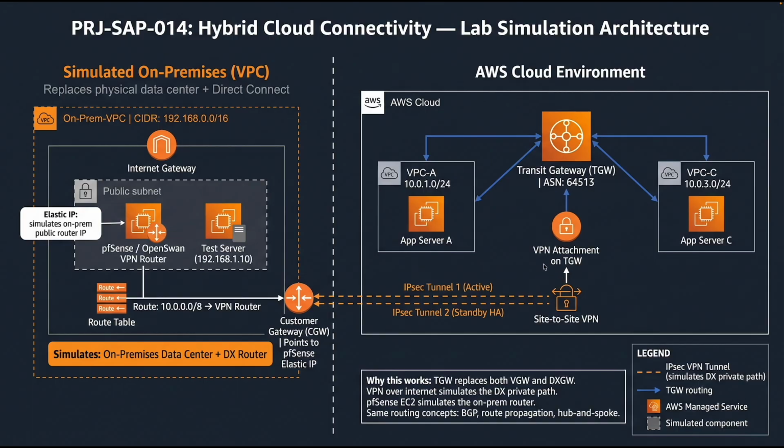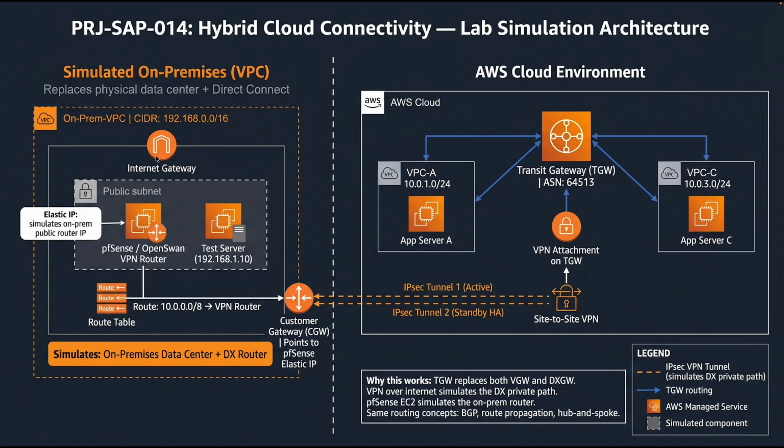Here the Site-to-Site VPN terminates and then routes to our Transit Gateway. The customer gateway from our on-premises connects through two IPsec tunnels that AWS deployed for us.